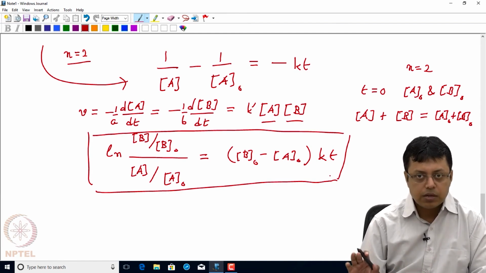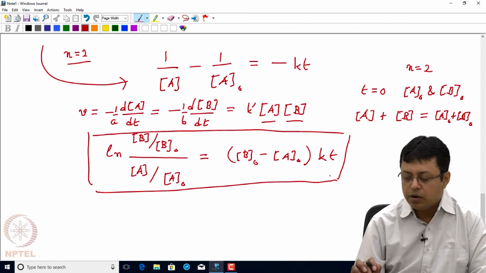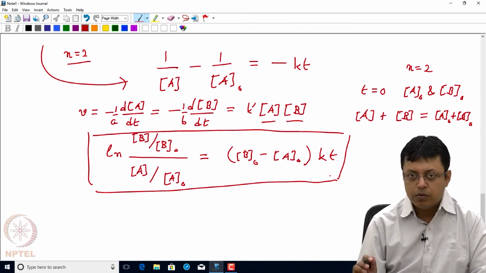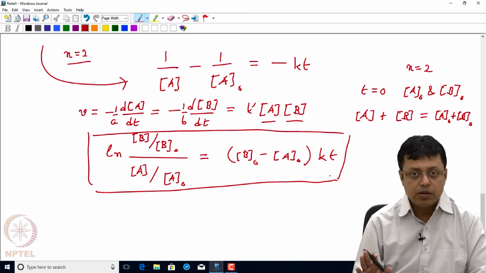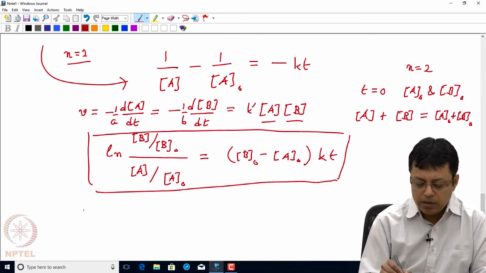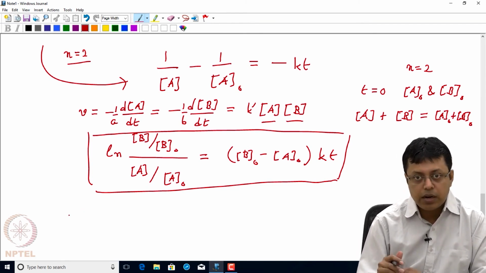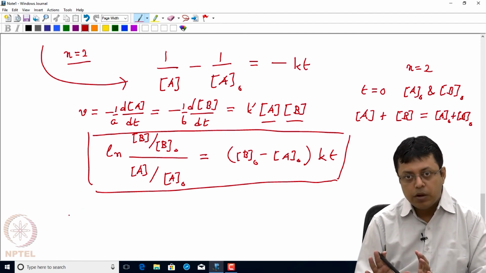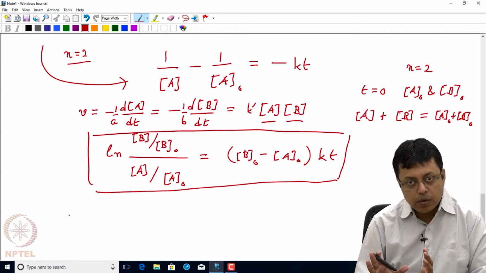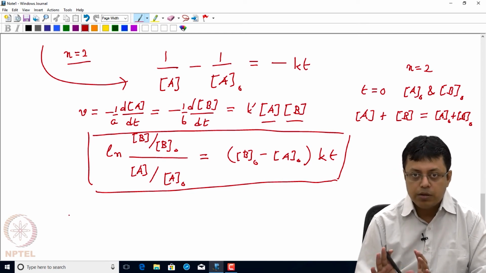All these equations have been derived in the earlier course on Introduction to Chemical Kinetics and Thermodynamics. So I'm giving you an overview just to make sure that we can proceed with the basic concepts of chemical kinetics. Let me summarize what we have discussed so far: the order of a reaction, and we emphasized again and again that the order of a reaction, which is an experimentally determined quantity, has nothing to do with the stoichiometry of the reaction.